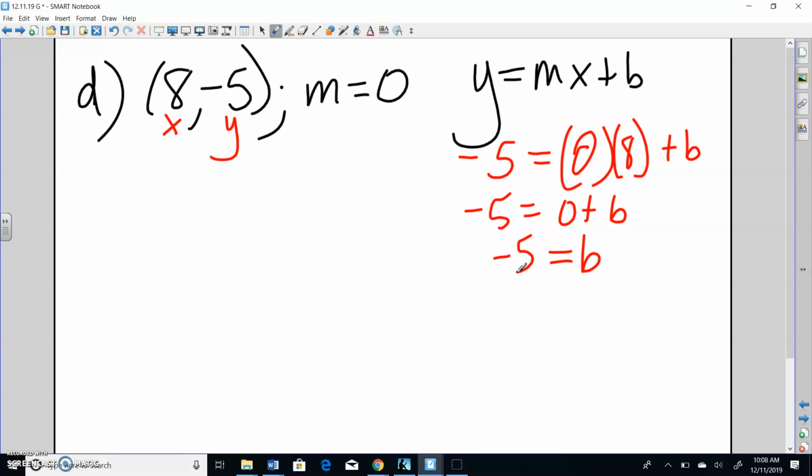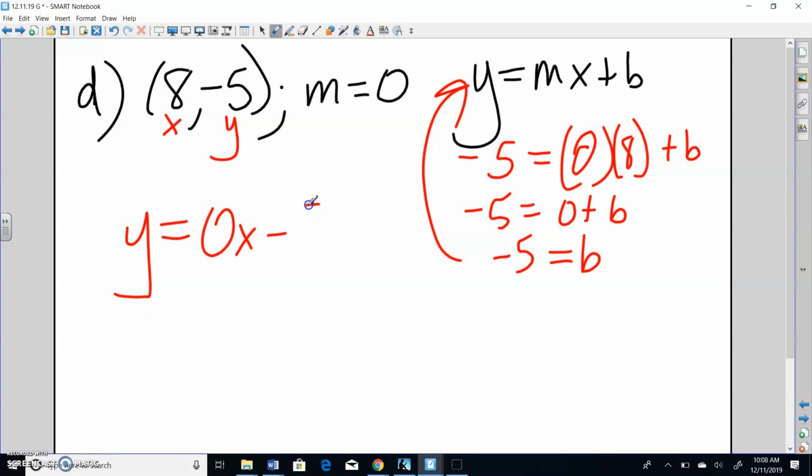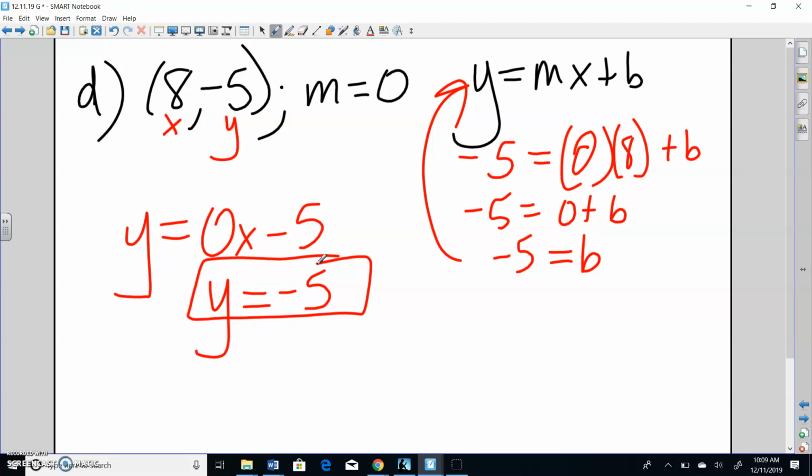When we plug back into this equation, when we put our slope in there, we have y equals 0x minus 5, right? You don't have to put the 0x. 0 times x is just 0. 0 minus 5 is -5. So the simplified equation would be y equals -5.